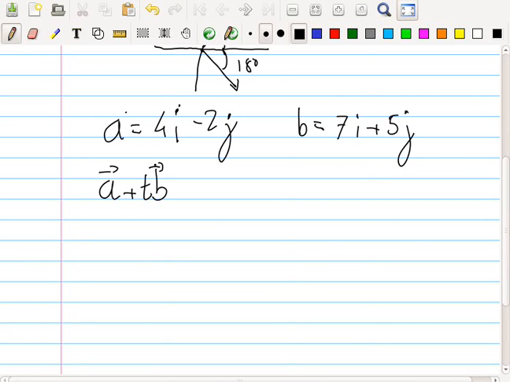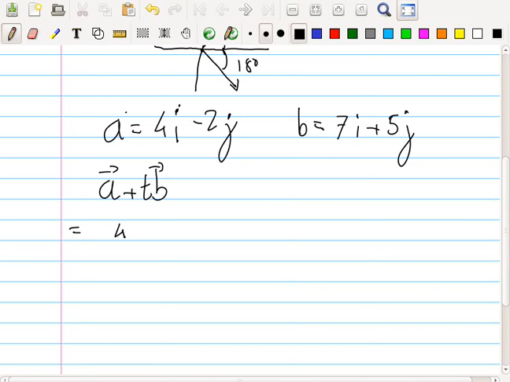When you have i and j together that's like this, and then only j would be this. So if you have this, it means it's only i. There's no j.